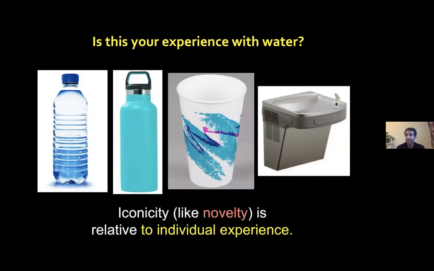So my point is that when selecting symbols, you need to recognize that iconicity, like visual novelty, is relative to individual experience. And we want to be very thoughtful about the symbols that we select and that we use for students with CVI, depending on that characteristic of novelty as well as complexity.